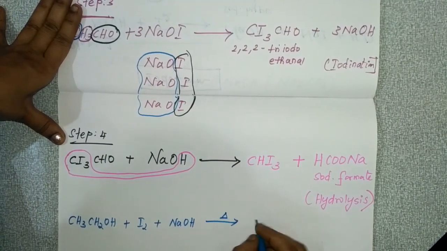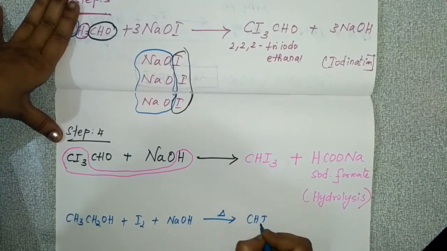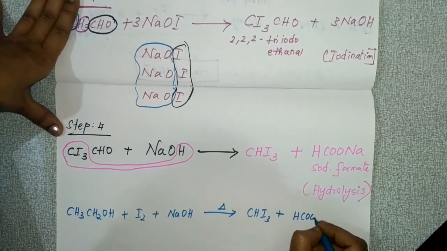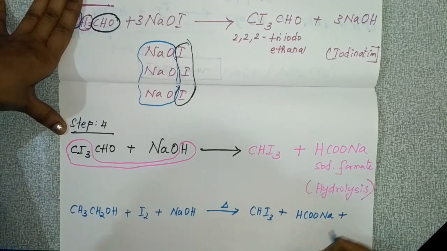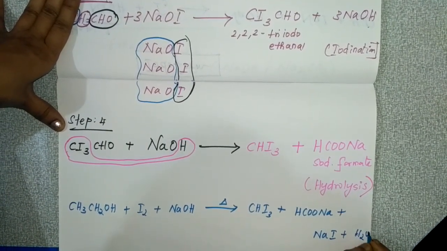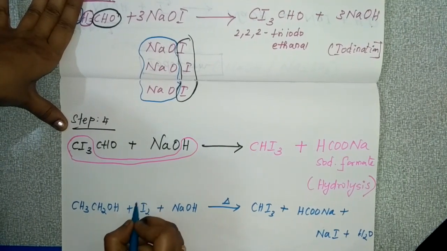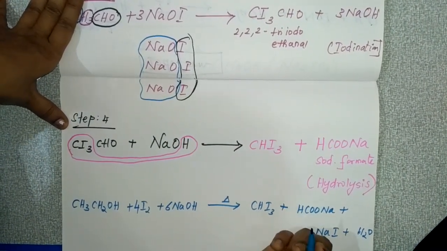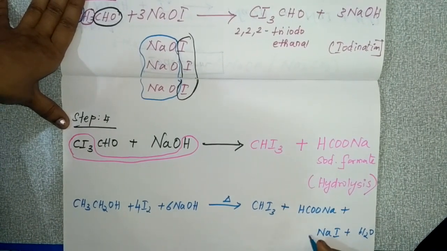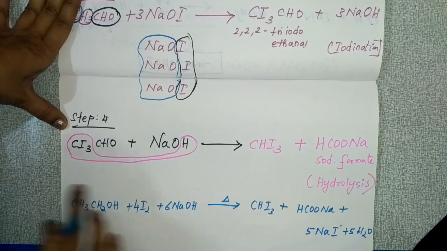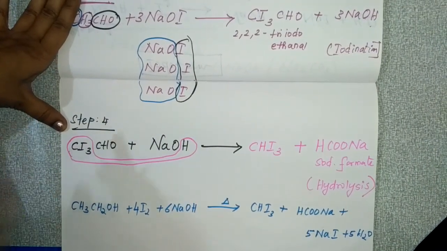On heating, you will get iodoform, sodium formate, sodium iodide, and water. So you can balance this reaction: 4I2, 6 NaOH, and here it will be 5 NaI and 5 H2O. So this is the overall reaction.